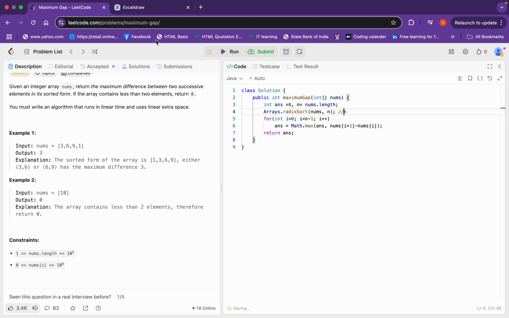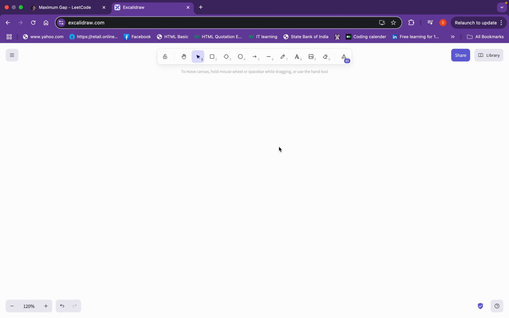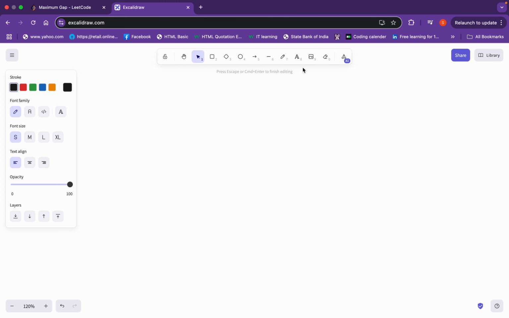Now, two important things to keep in mind are how Radix Sort works, and when you should and should not use Radix Sort.